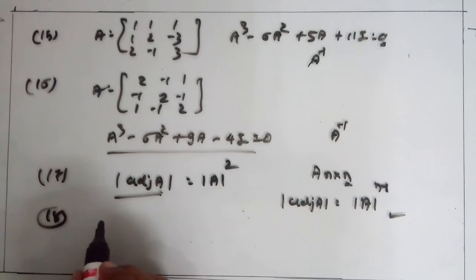Now 18. If A is an invertible matrix of order 2, then the determinant of A inverse is equal to blank.